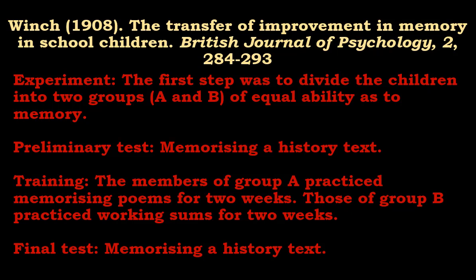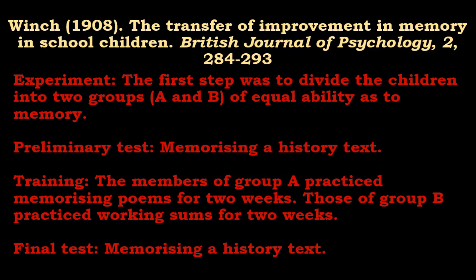So basically you have here the idea of a control group. So he wants to test whether the practice in memorizing poems helps to memorize something else. That something else is a memory test, but using a history text rather than poetry.